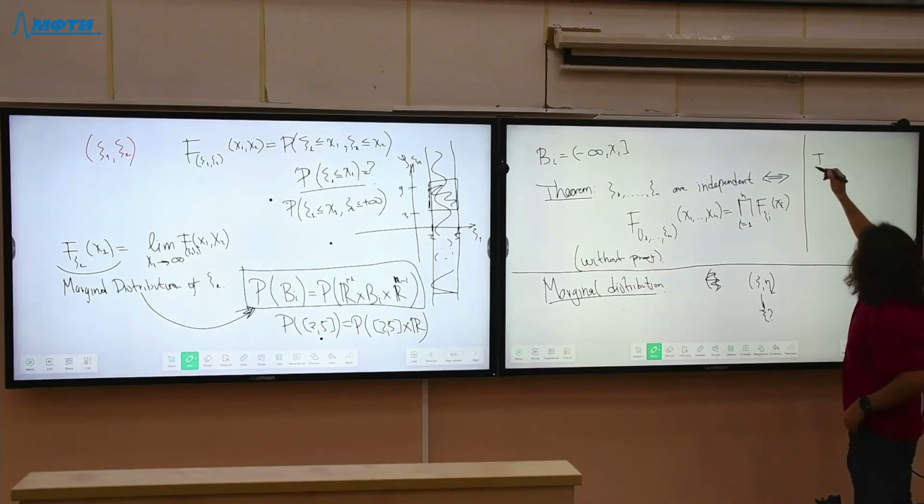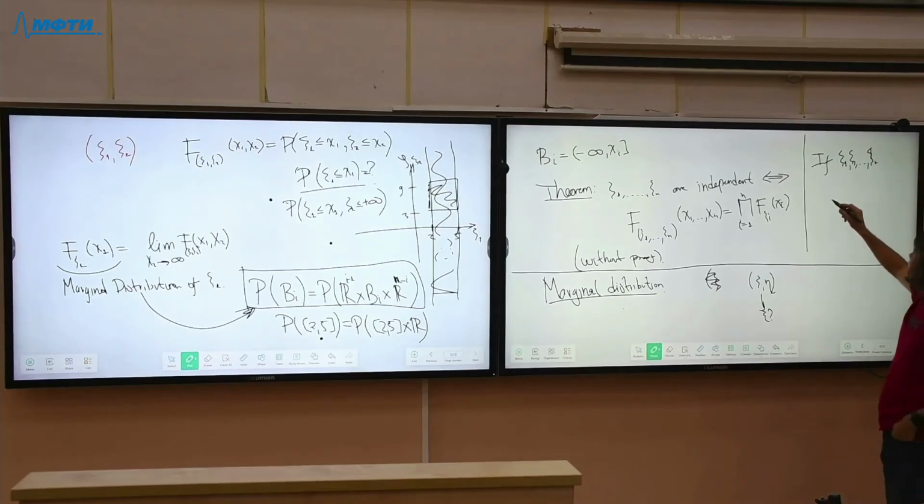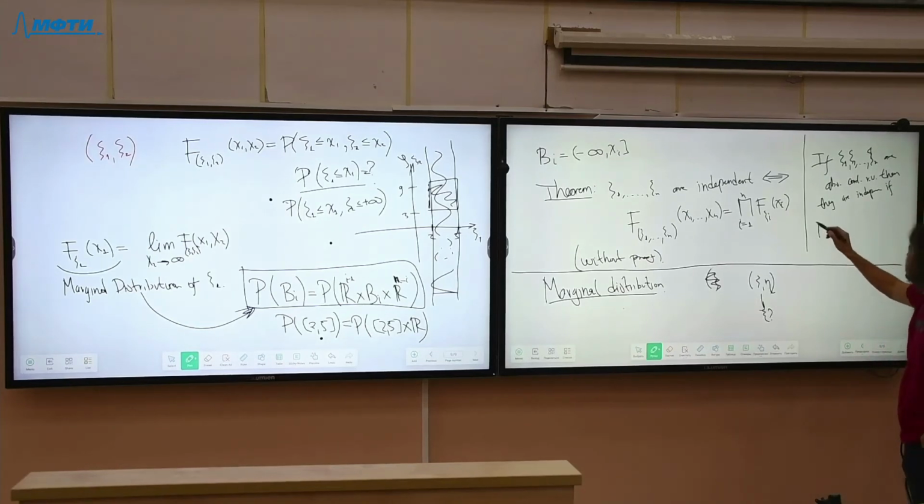If psi 1, psi 2, ..., psi n are absolutely continuous random variables, then they are independent if the joint PDF of this vector is the product of all the individual PDFs of psi i at x_i, from i equals 1 to n.